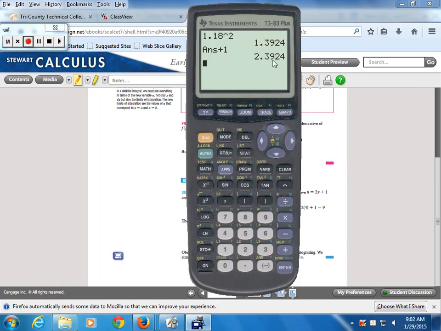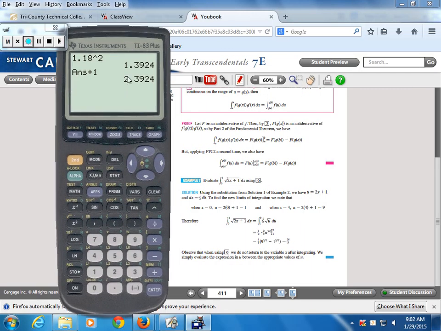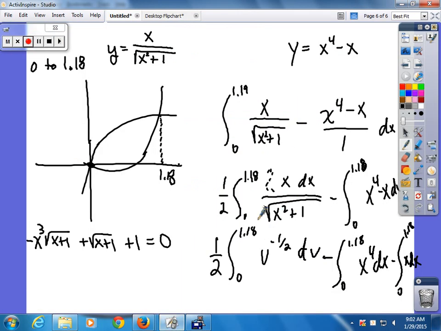I was off. So that's your new value, 2.39. So you go back and change this right here to 2.39. All right, now all it is is integration.